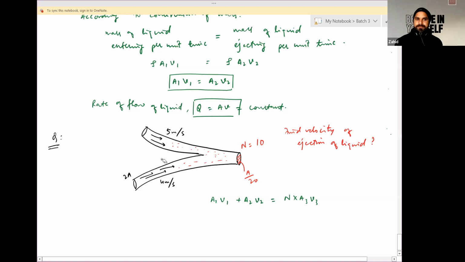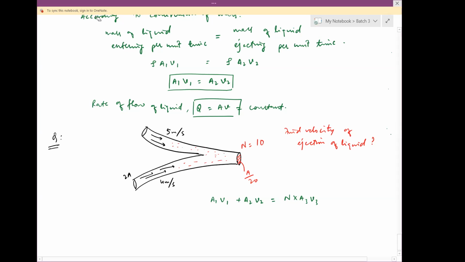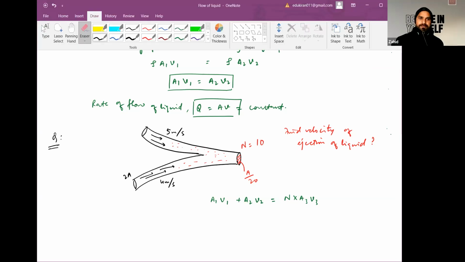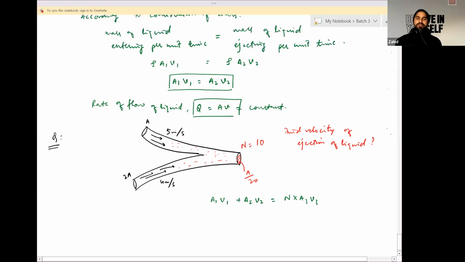Is it clear? Yes, sir. And there is only one section through which liquid comes out, that is the right side part. So total mass of liquid entering, A1 V1 plus A2 V2, should equal n number of small holes A3 V3. So put the value of each term and simplify it to find V3.